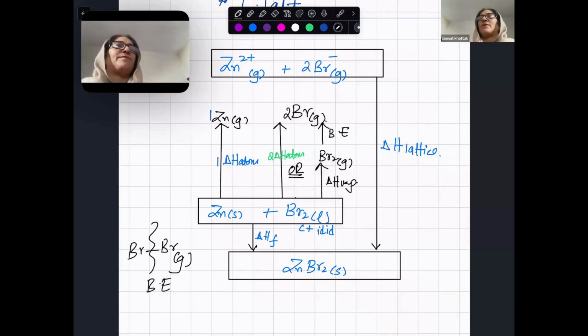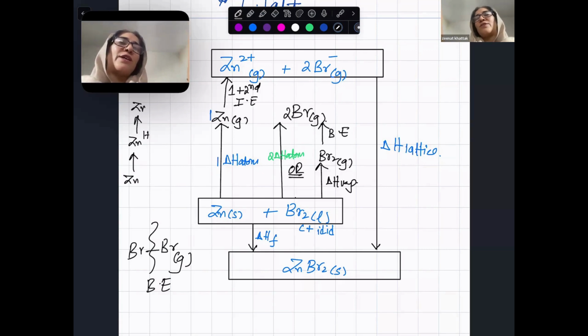What is the next step? The zinc will lose electrons, first plus second ionization energy. First zinc will turn into Zn+ and then into Zn2+, 1 mole of zinc, right?